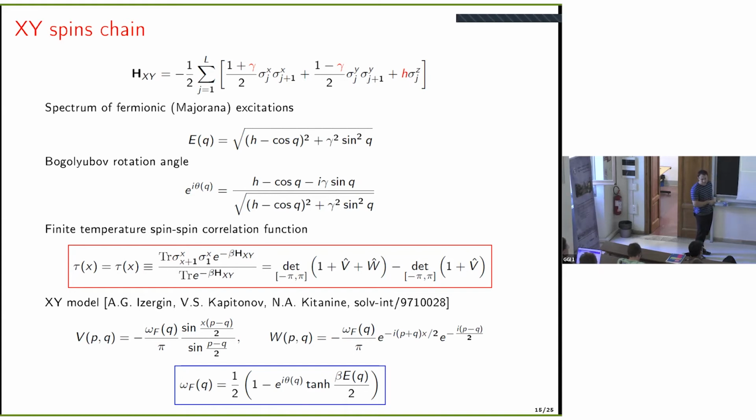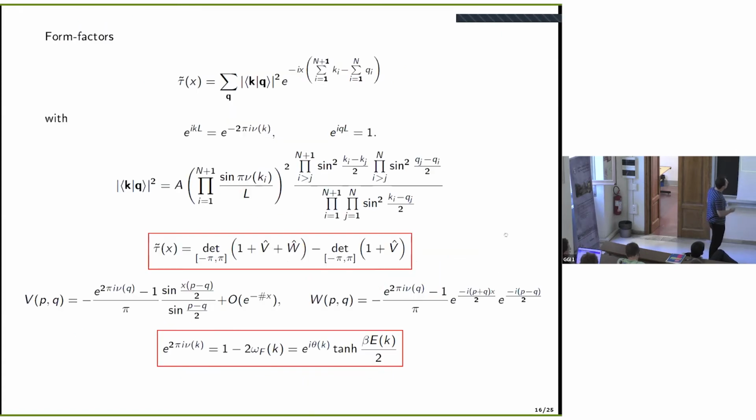Otherwise it's a similar story, and we can try to proceed to evaluate the large X expression of this as we did, except here we have to modify our matrix elements.